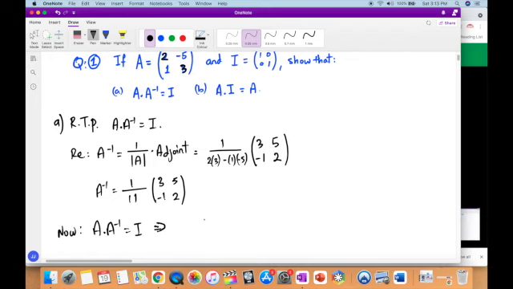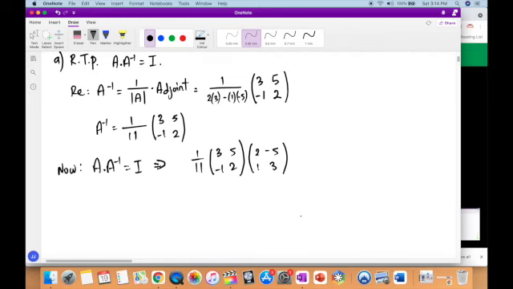So I'll put the determinant in front, and then I will put the adjoint, 3, 5, negative 1, 2, and then I'll put A, which is 2, negative 5, 1, 3. And let's see what we end up with, right? And I hope I put that in the right order. So we'll see. Notice I'm leaving the determinant outside.